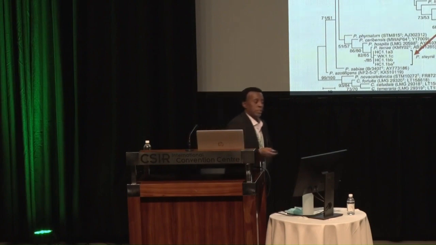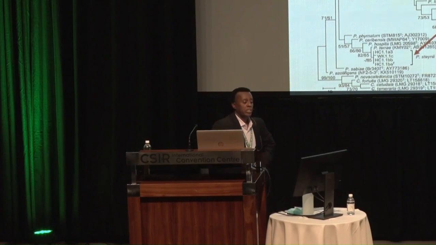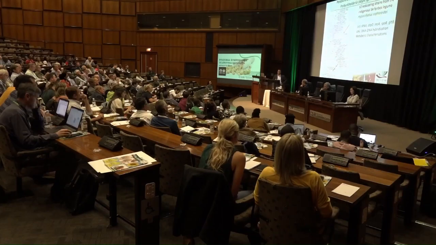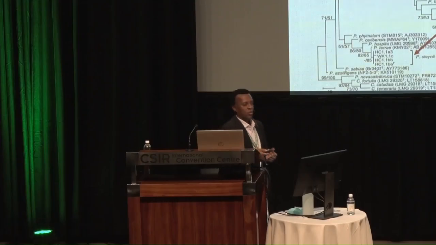What they did was study the taxonomy of 12 nodulating strains from the indigenous South African fynbos legume Hypocalyptus sophoroides. These are very nice flowering legumes in the fynbos area.